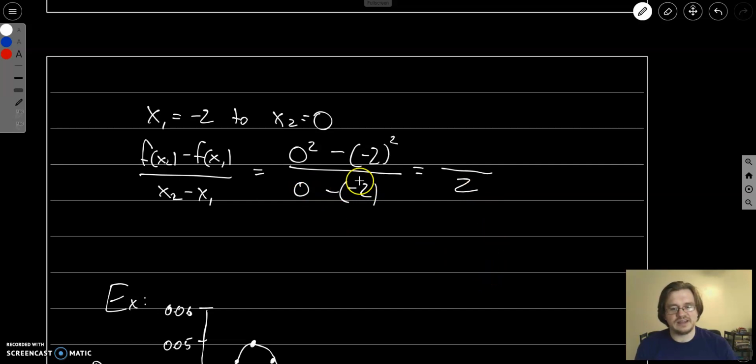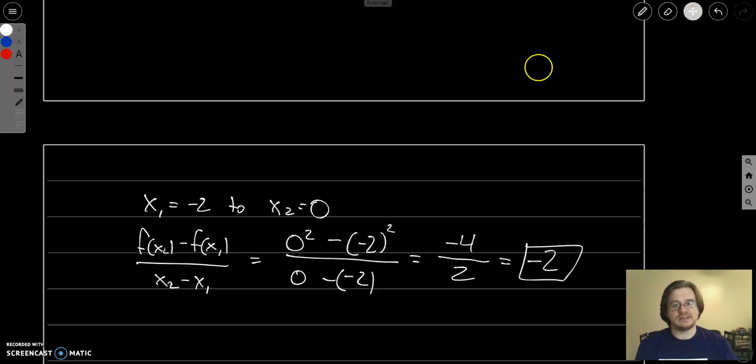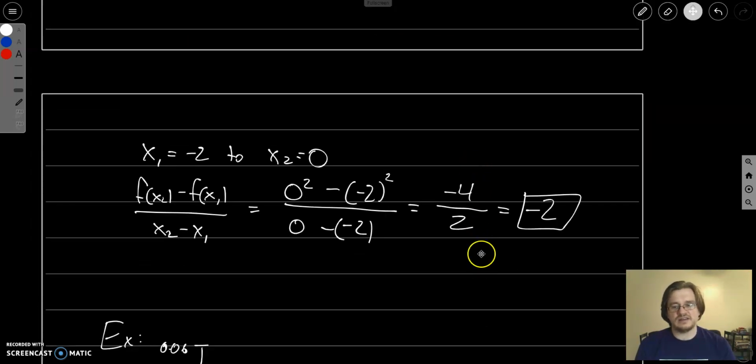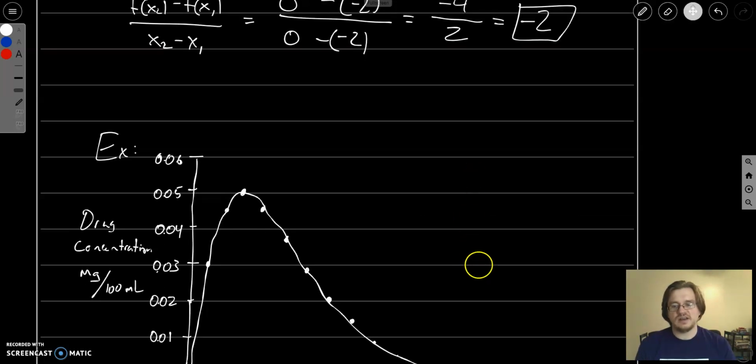And 0 minus -2, the negative signs cancel, and you just get 2. On top, we've got 0 squared minus (-2) squared. Negative 2 squared is 4, and 0 minus 4 is negative 4. And negative 4 divided by 2 is, in fact, negative 2. This makes sense. We have a negative slope. From this point to this point, we are going down. So this is how you calculate average rate of change of a function.